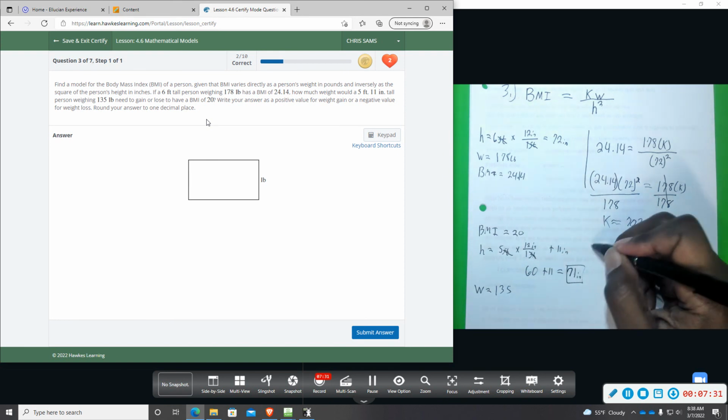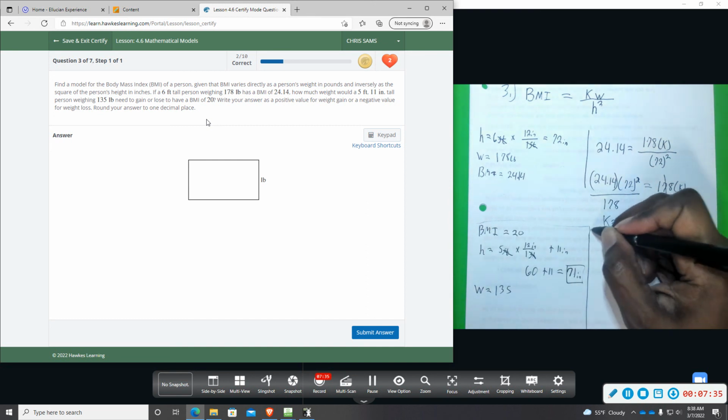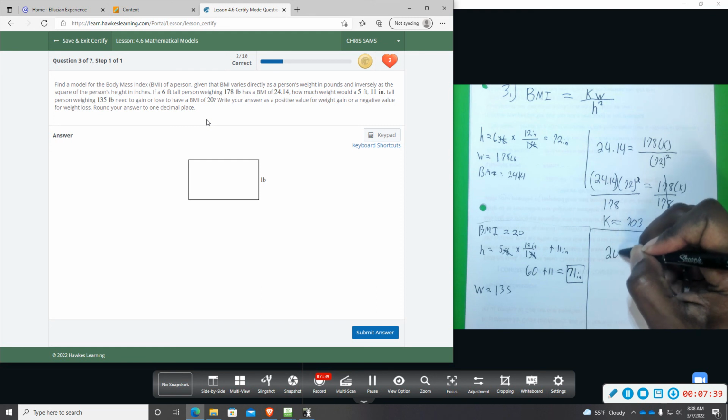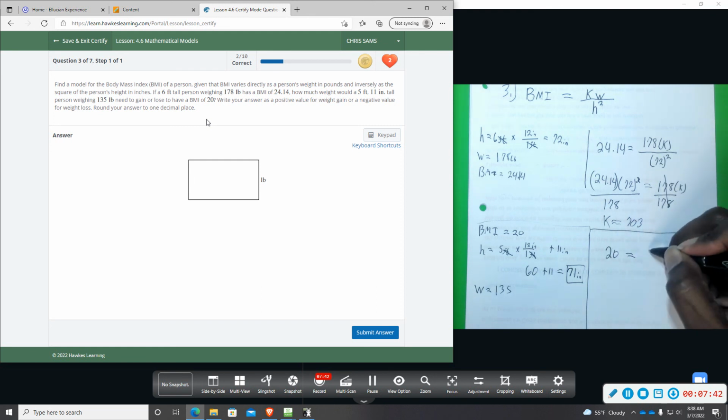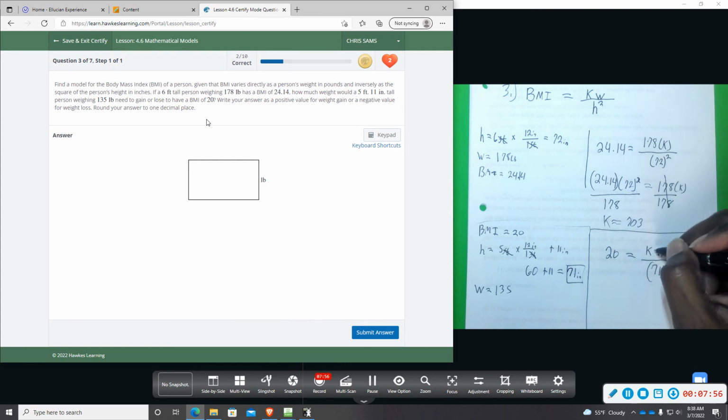Okay, so here now, we're going to use this information to find how much they need to lose or gain. So we're going to plug in 20 for BMI equals K, which I know that value, times the weight, which I'm looking for, divided by the 71 inches, and that is squared. Remember, K was approximately 703, but I have it saved.